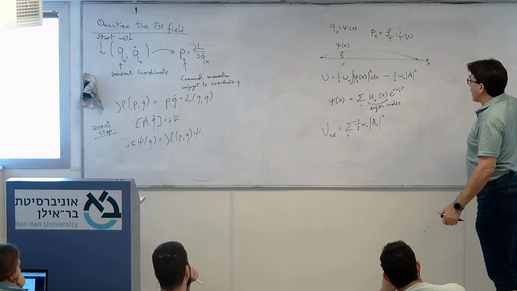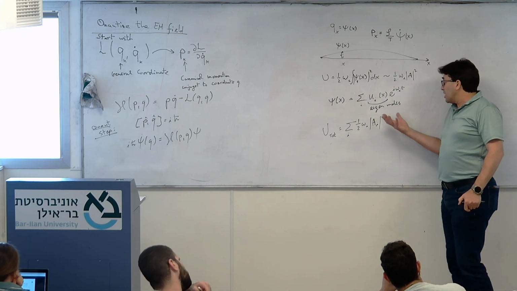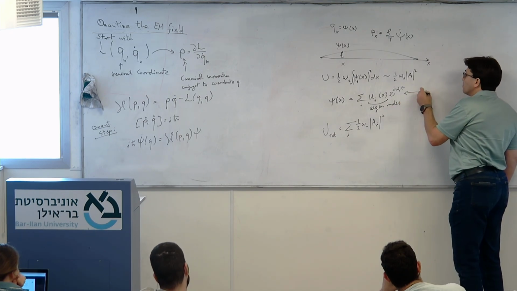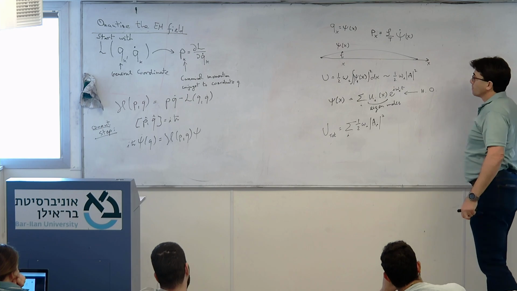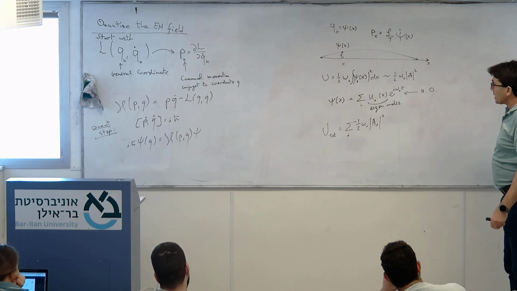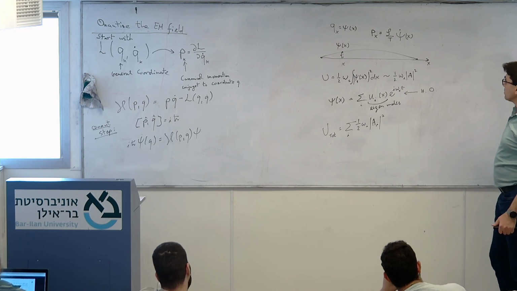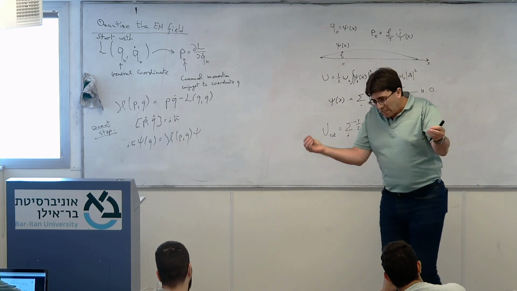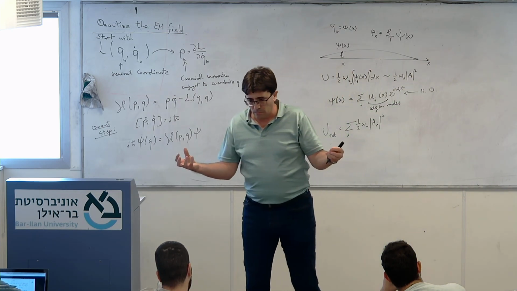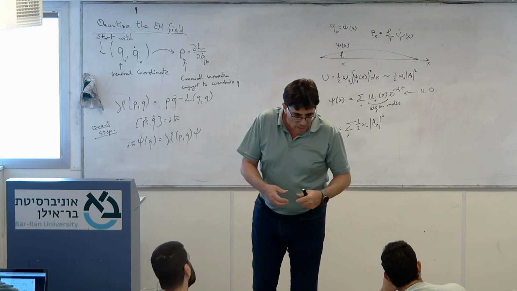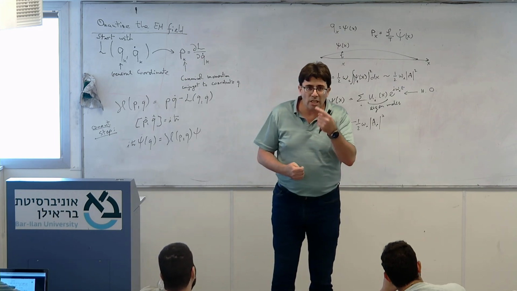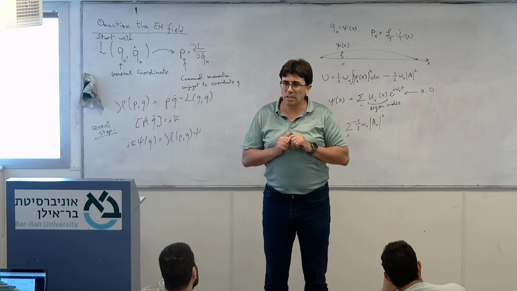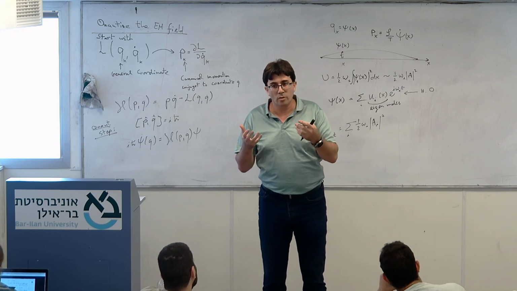And now we understand that each of the modes acts as a harmonic oscillator. So every mode by itself is a harmonic oscillator. Now I can assign a single coordinate to it. What is it?